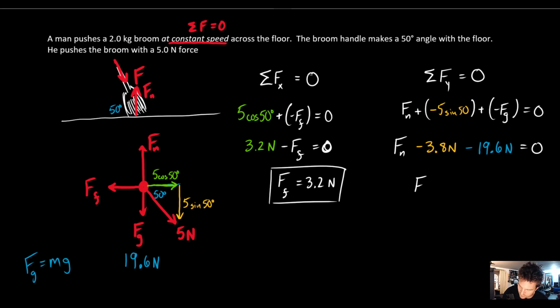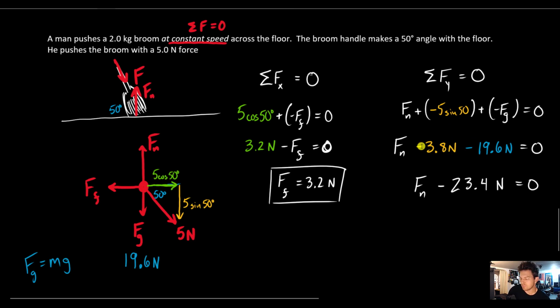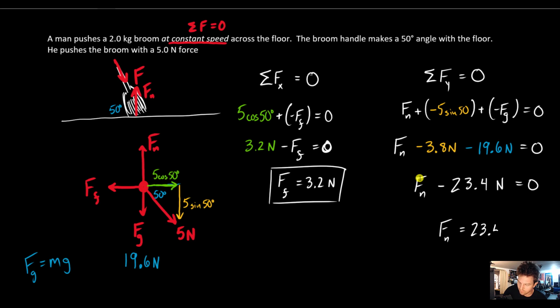I got normal force and 19.6, 3.8, minus 23.4 newtons. So I just combined, these are both negative, so that'd be negative 3.8 minus 19.6. These are both numbers, so I can just combine them to give me 23.4 going down. And now I just solve for my normal force. And I have normal force is equal to 23.4 newtons.